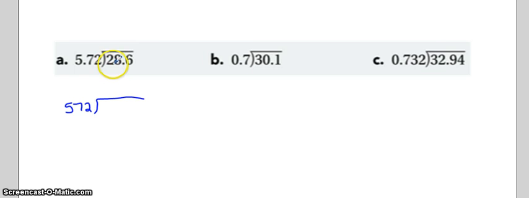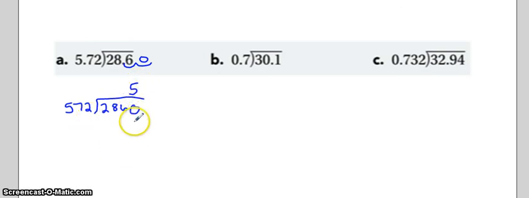And whatever we do to one, we have to do the other. Law of equality in math states that. So we're going to move it out 2 places here. So 1, 2 places, which means we have to add a 0 here. So that would give us 2,860. Now, if we do the math, 572 into 2,860, we know from earlier computation that we should have a 5 out here.